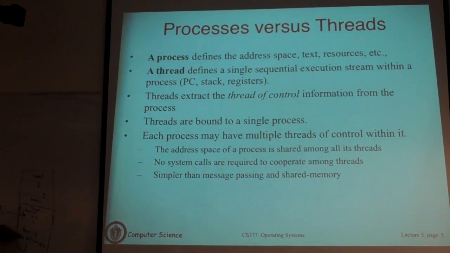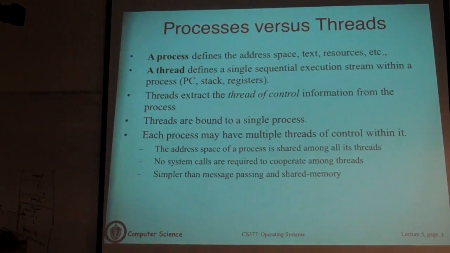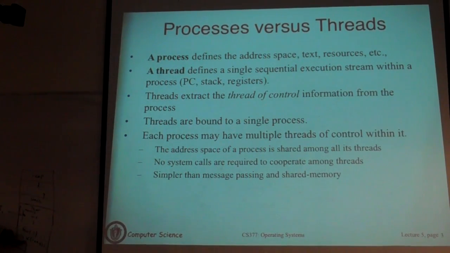Another thread is also executing some code within the same process, and it's executing something in function foo. Okay? This is a process with two threads. You can generalize this to n threads. Each thread is executing a different piece of code within that process, and it's independent of other threads. Whenever you schedule this thread, it's going to continue executing sequentially from this point on. Whenever you schedule that thread on the CPU, it's going to execute that part of the code and keep executing sequentially. And you can have n threads here.